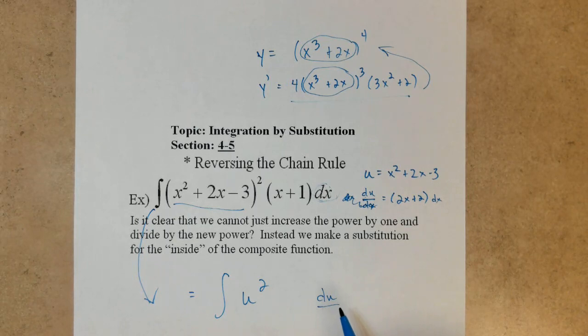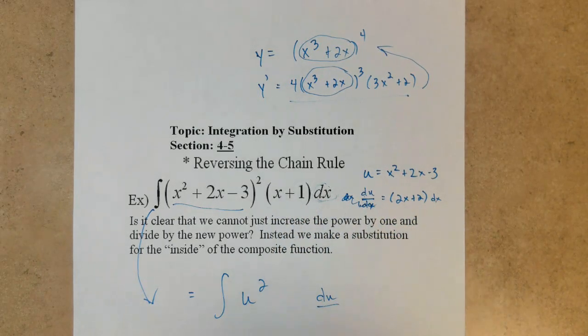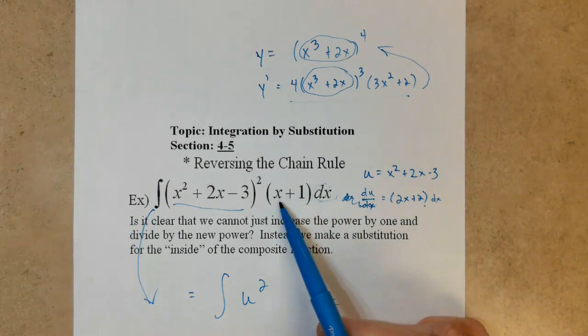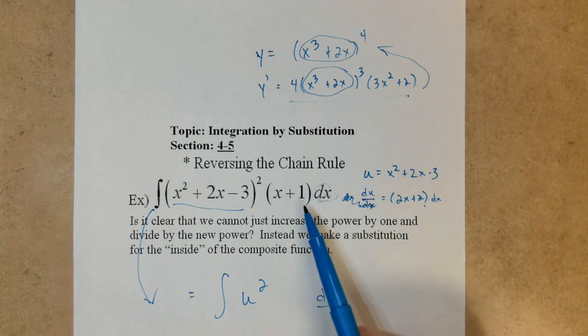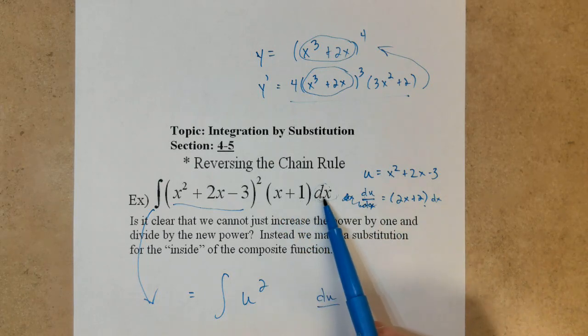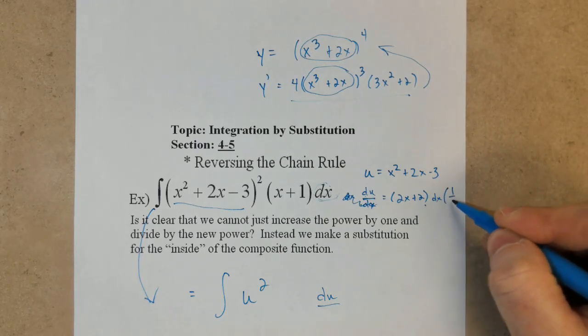So right now, wherever you see something like this, we could replace it with a u term. Well, this is close to x plus 1. What could I do to both sides to get rid of the x plus 1 dx and get it into terms of u? What if we multiply both sides by 1/2?